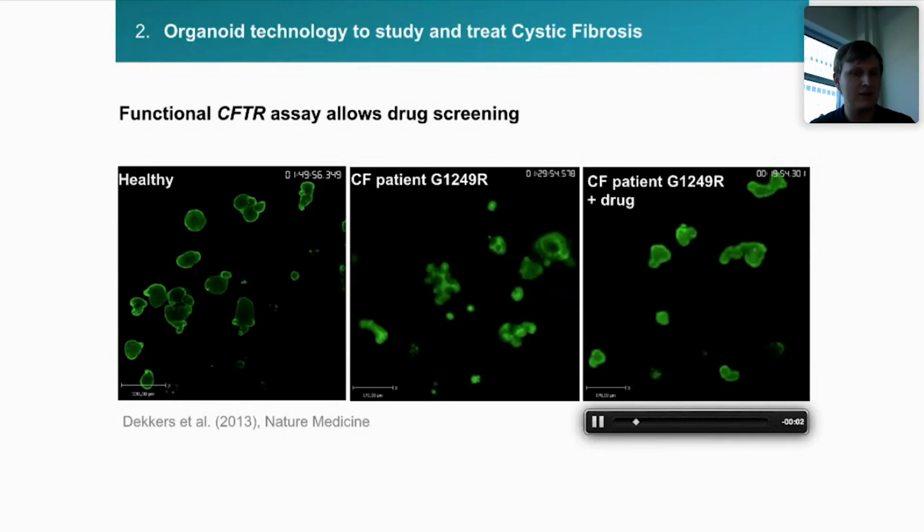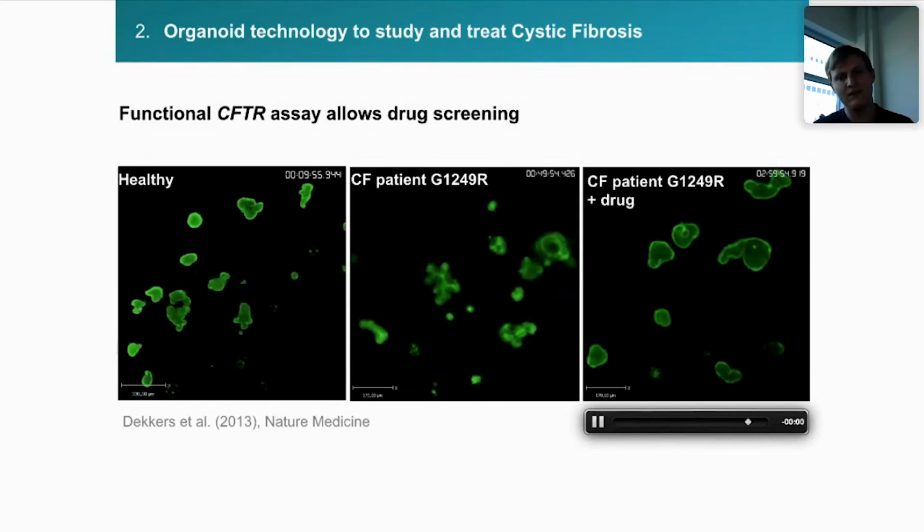He could take this drug and is now having a more or less healthy and normal life. So that is really one of the cases where I think organoid technology already made a very big impact, certainly for the life of this one person.